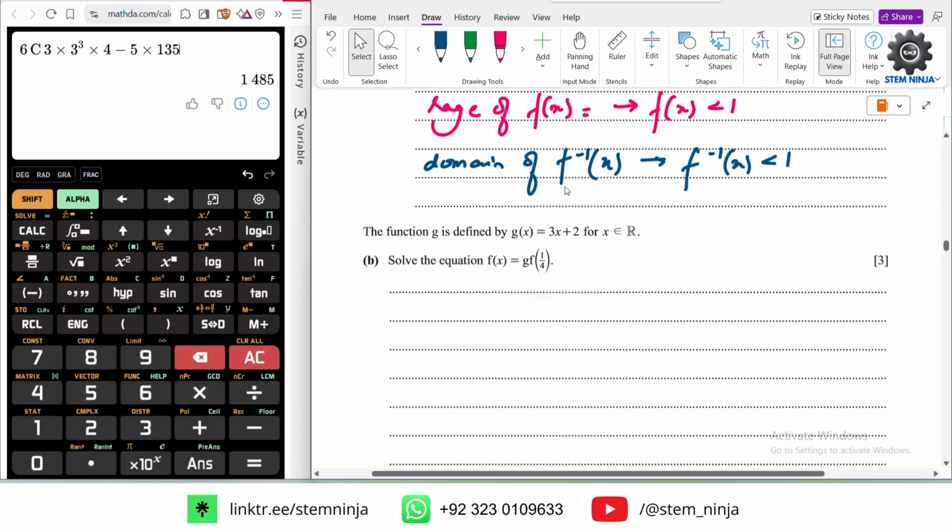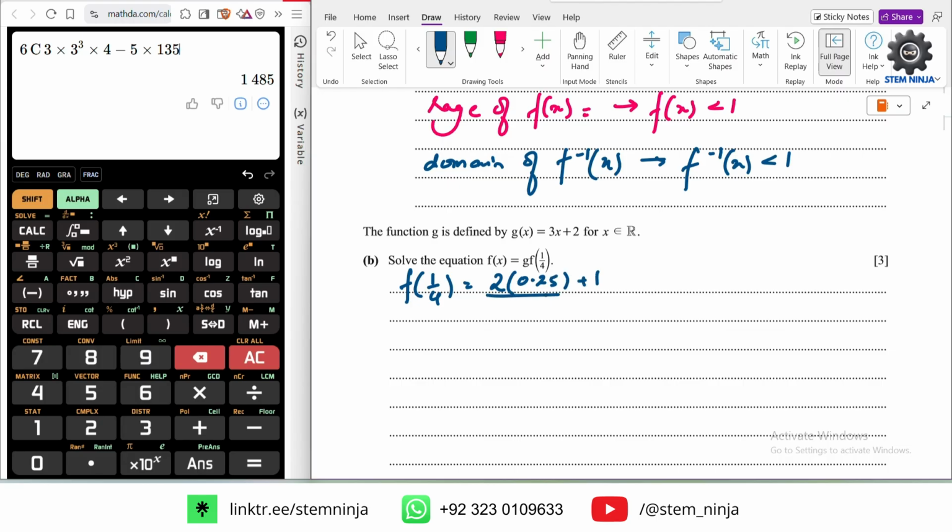Oh no, sorry, we have this part. Okay. The function g is defined by g of x equals 3x plus 2. Solve the equation g f of x equals... f of 1 over 4. Okay. f of 1 over 4 is (2 times 0.25 plus 1)/(2 times 0.25 minus 1).